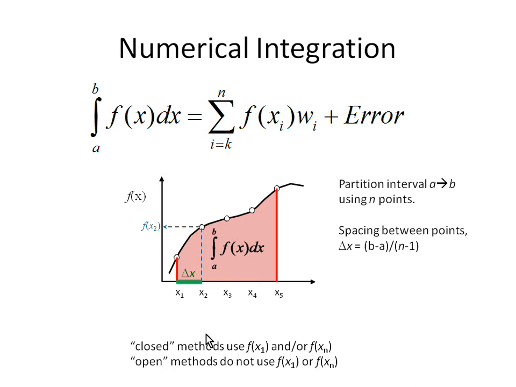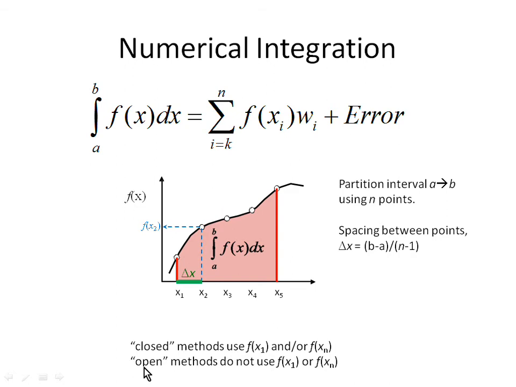We'll have three different techniques, and one of the ways to distinguish between them is some of them will be so-called closed methods, and those will require that we evaluate the function at the endpoint. So we'll have to be able to calculate that point and or that point. Open methods of integration do not use this point or this point.